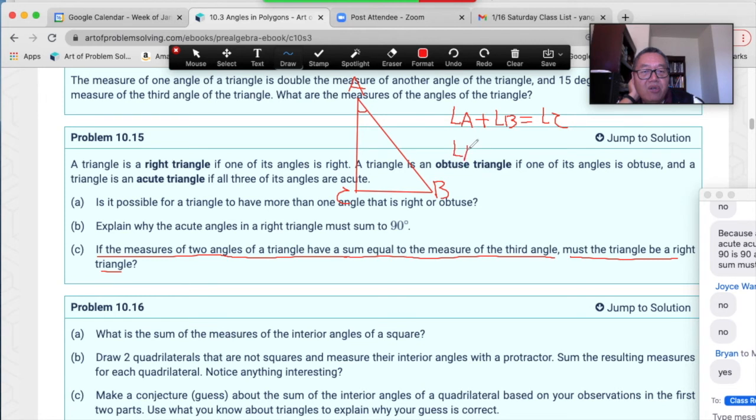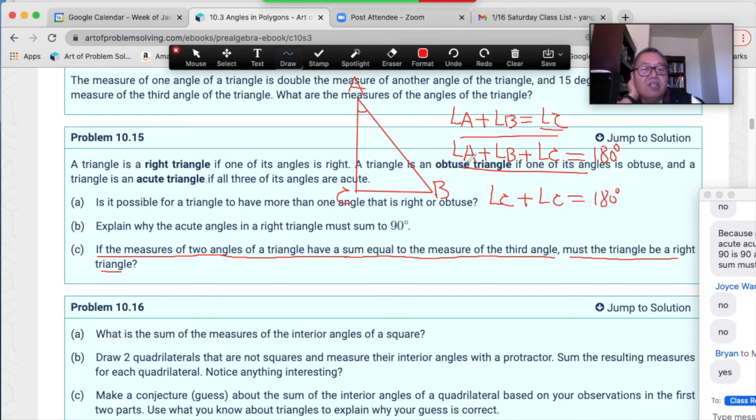Because we know the sum of these three interior angles should equal 180 degrees, right? Angle A plus angle B plus angle C equals 180 degrees. Now we use angle C to replace angle A plus angle B. So we got angle C plus angle C equals 180 degrees, right?